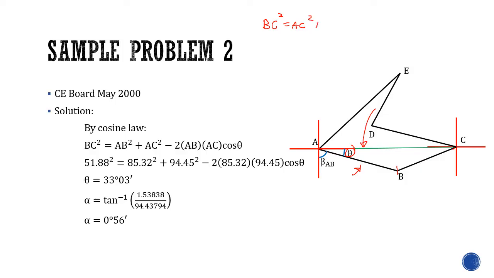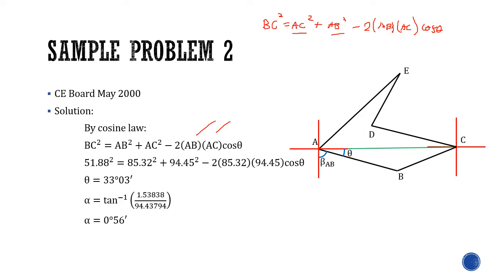AC squared plus AB squared. Okay, or pwede mong baliktarin, commutative naman. Okay, minus 2 times the product of the adjacent sides, AB AC, cosine theta.